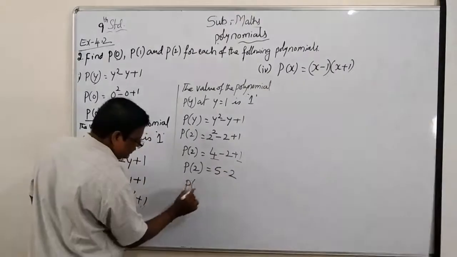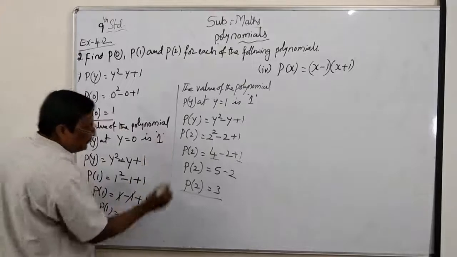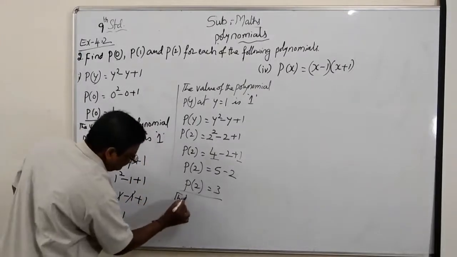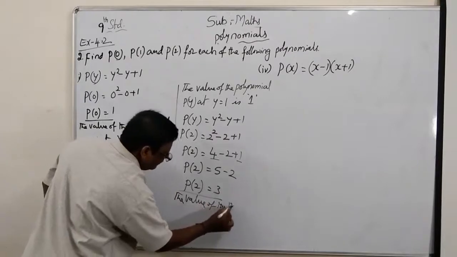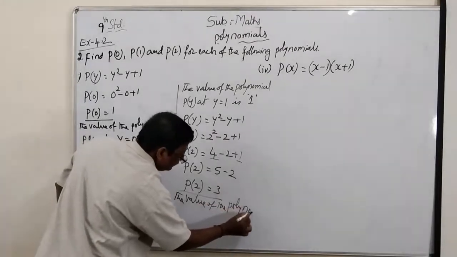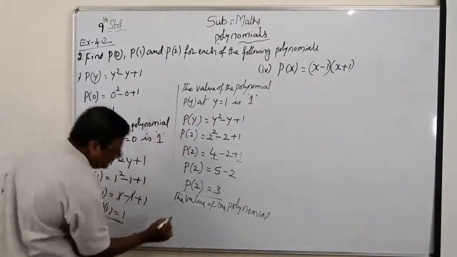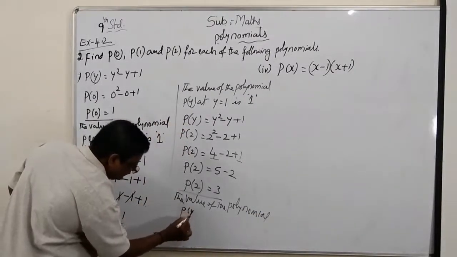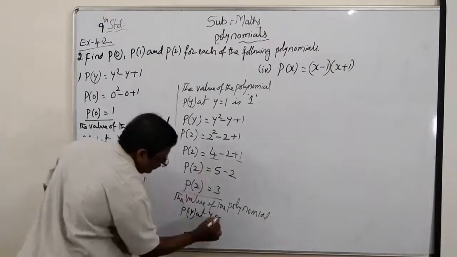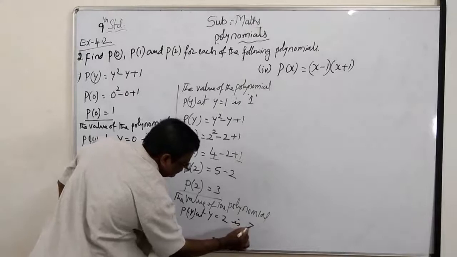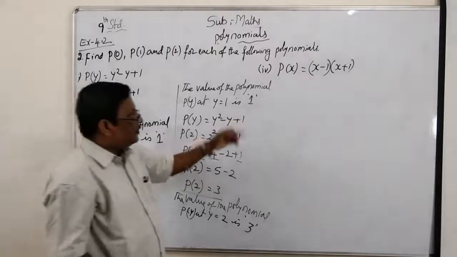P of 2 is equal to 3. Here the value of the polynomial p of y at y is equal to 2 is 3. This is the first one.